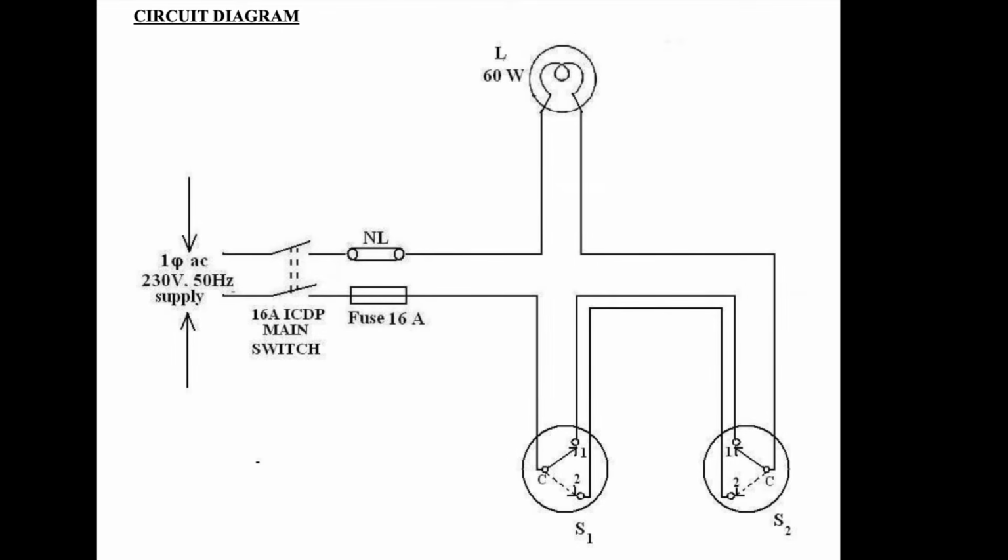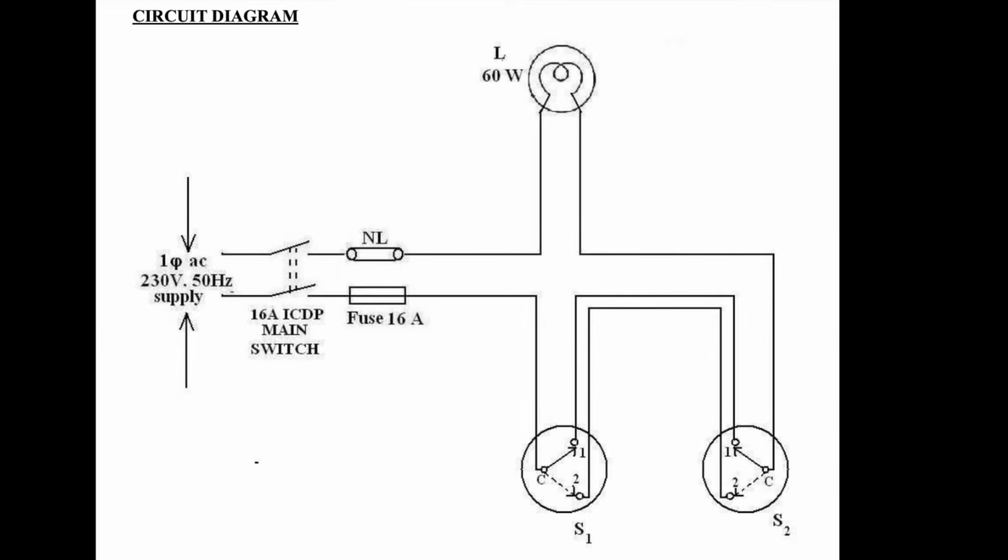Now you can see that if S1 is in the position C1, then the current takes the pathway of terminal 1, and since terminal 1 of switch S1 is connected to terminal 1 of S2, when you reach switch S2, the condition is C2, so the connecting rod or the common point is connected to terminal 2 and not connected to terminal 1, then there is a break here, and hence it is not a continuous circuit, so the current will never reach the lamp.